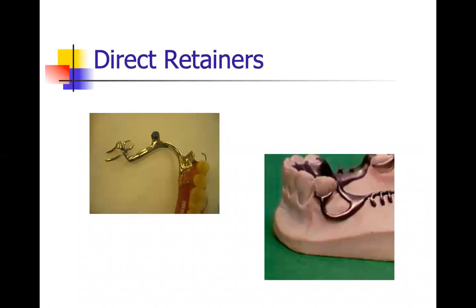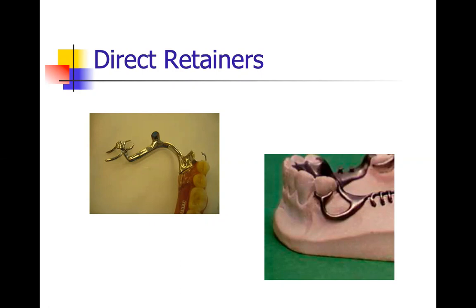The component part of a removable partial denture applied to resist the movement away from the teeth or tissue and provides retention for the prosthesis is called the direct retainer.